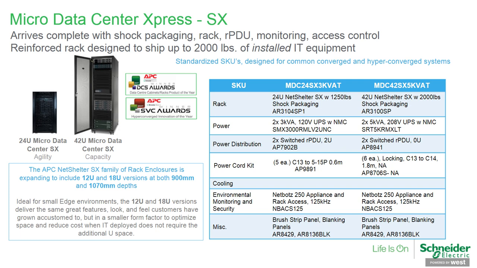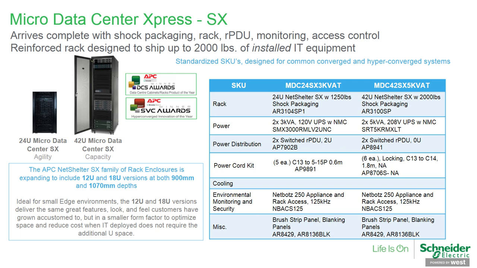Oops, I went one too far, sorry. So the micro data centers that APC has in its portfolio and is addressing the edge environment, our original product set was the 24U SX and the 42U SX.